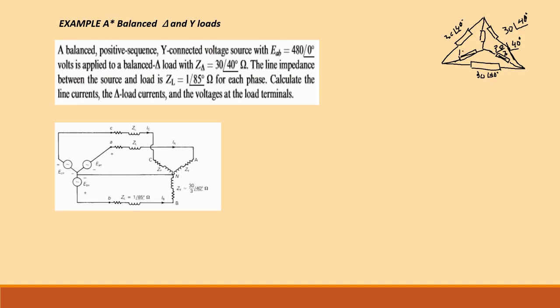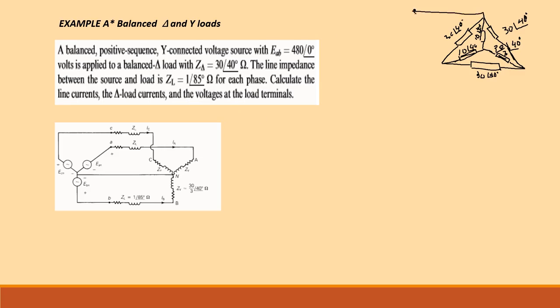This is equal to 10∠40 degrees, and also this one is equal to 10∠40 degrees. So we have here two loads, the delta connected load and the star connected load, and the two loads are equivalent. We have here a source.